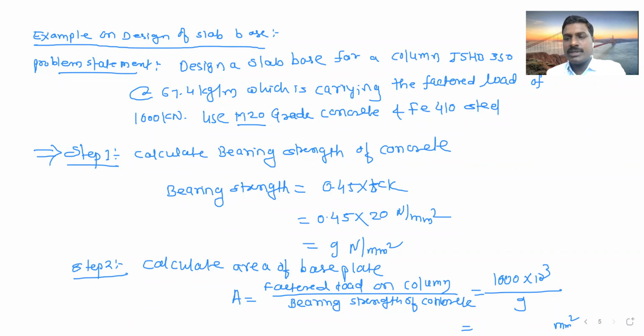One thousand into 10 raised to 3 gives 111.11 into 10 raised to 3. Correct?